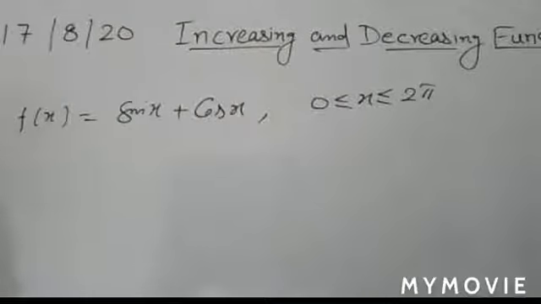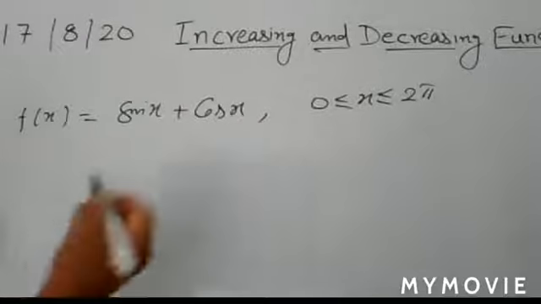That means you have to find the interval in which the given function is strictly increasing and the interval in which it is strictly decreasing. Okay, so the process is the same.